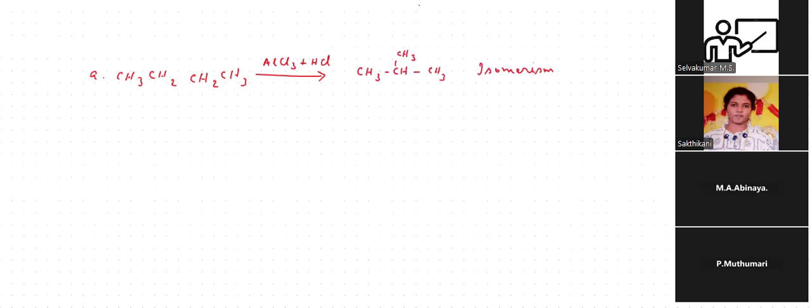See the B option, C6H14 at 773 Kelvin becomes C4H8 and C2H6. The name that is given for this reaction is pyrolysis.